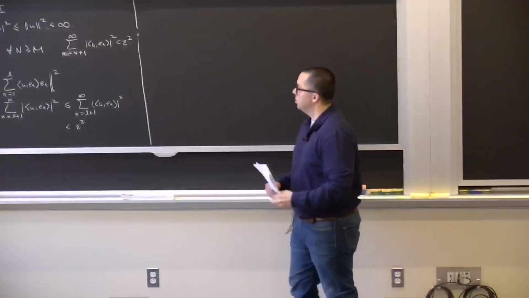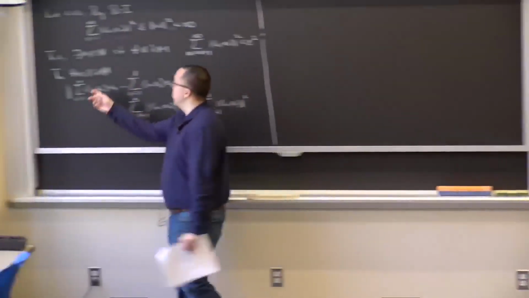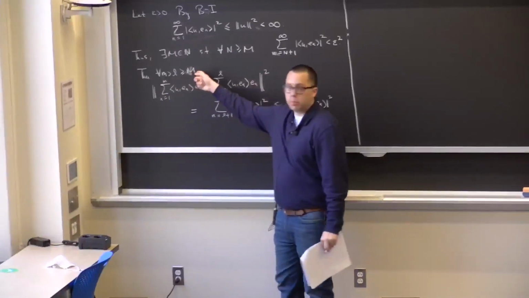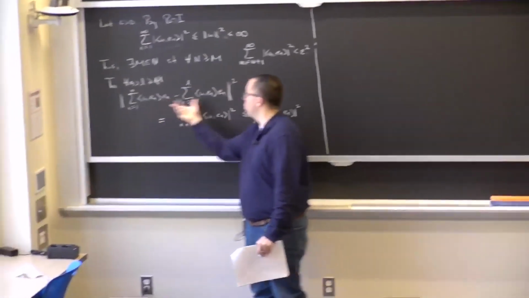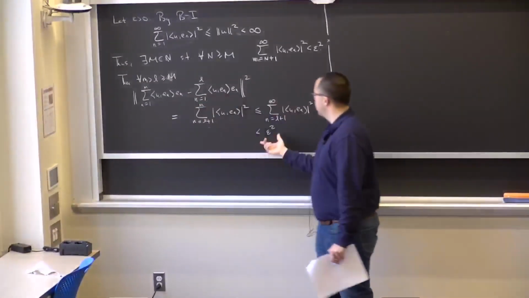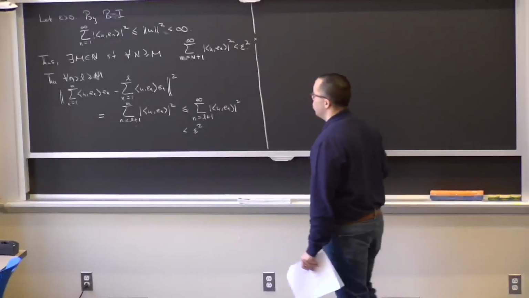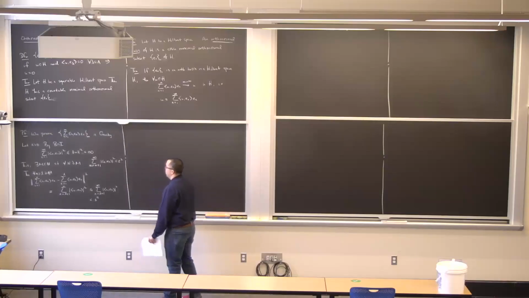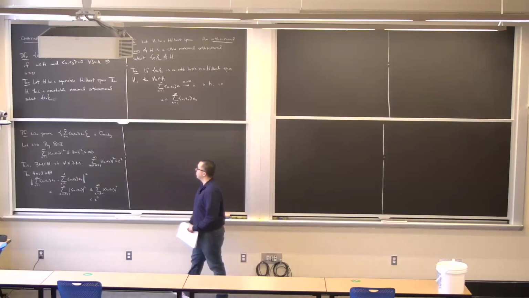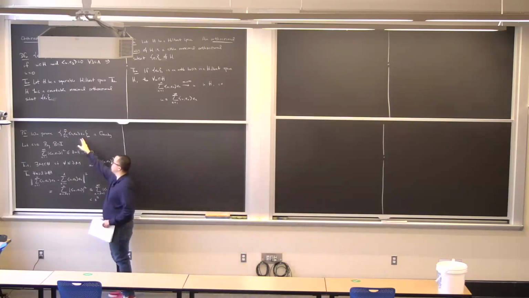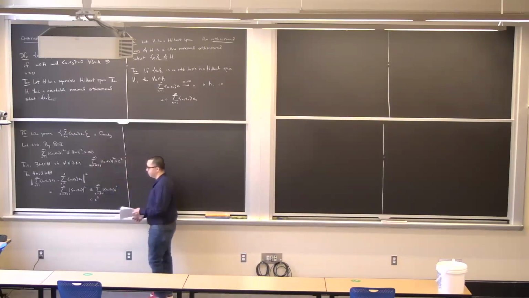So we've shown that for m and L bigger than or equal to capital M, the norm squared of the difference is less than epsilon squared, and therefore the norm of the difference is less than epsilon, proving that the sequence of partial sums is Cauchy.